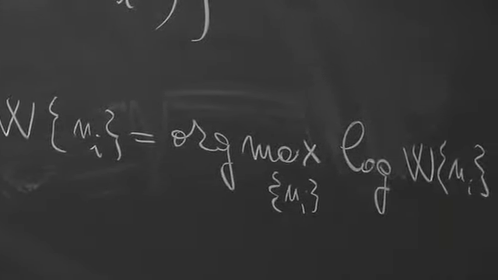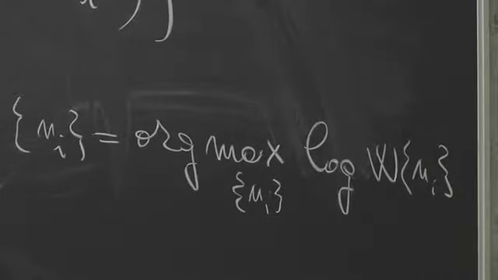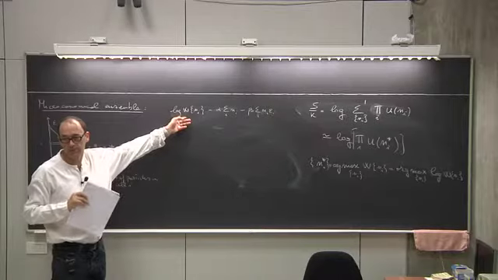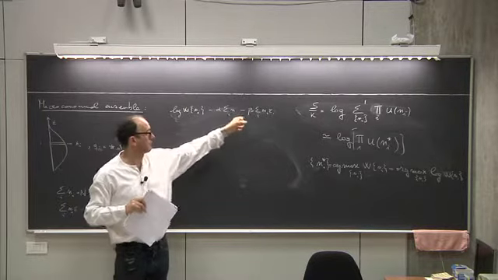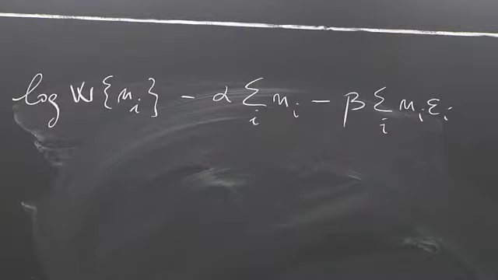And I have to look for maxima over the Ni of this function, and then adjust alpha and beta such that these two constraints are satisfied. Okay.